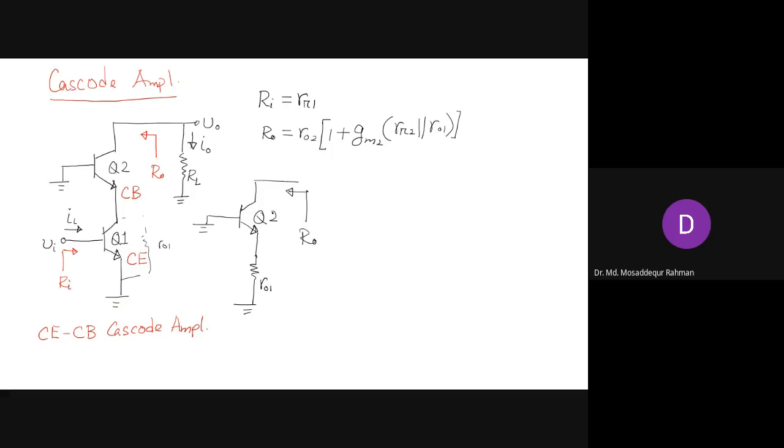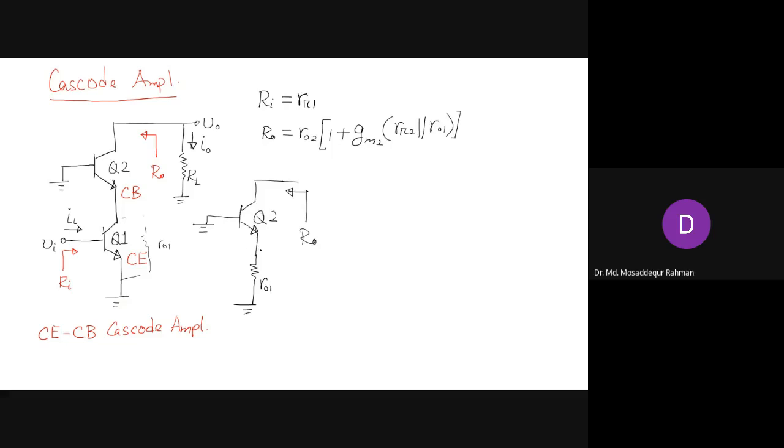So that's the structure that we discussed before, the output resistance of a transistor with a resistance in the emitter. So that will have this expression. The small r0, the output resistance of Q2, will be multiplied by this factor.